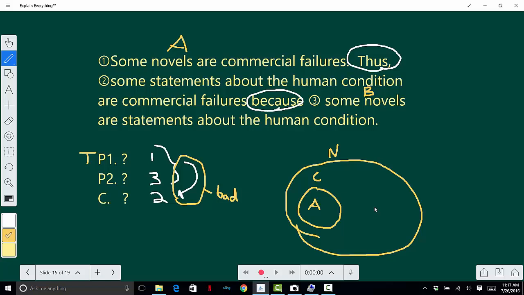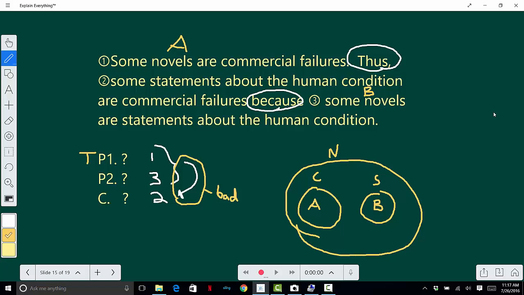But now let's say this is the category of things that are both novels and are statements about the human condition. And here we have B. And in our set of circumstances, A and B are the only objects in the set of circumstances.